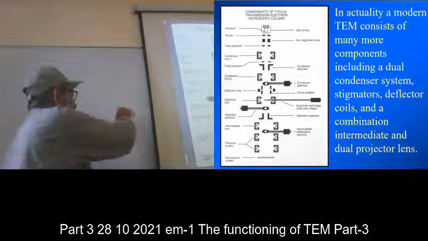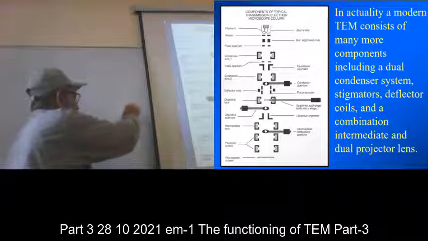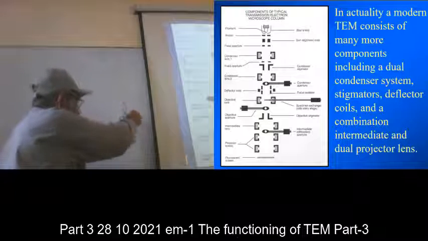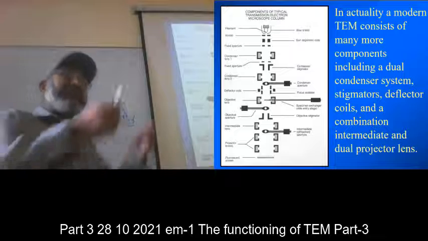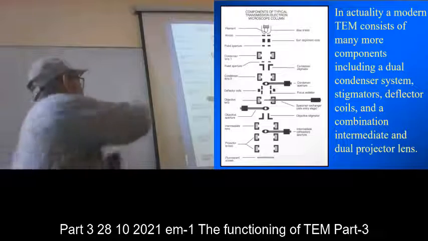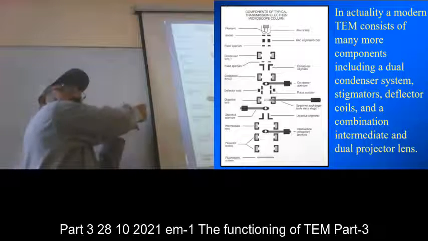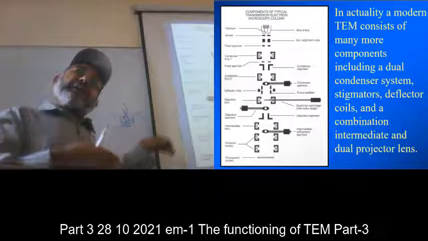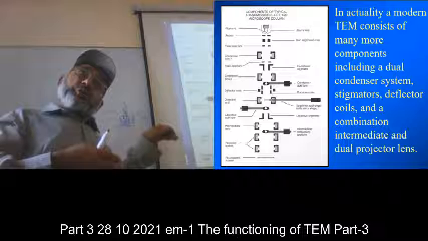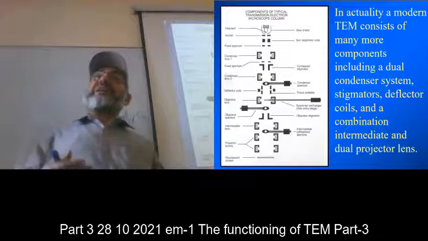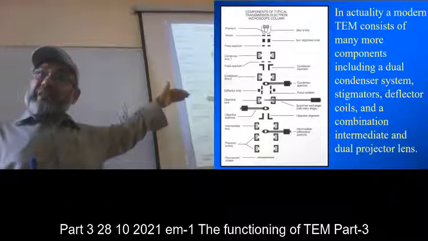If the gun is tilted at the start, this can be aligned by the gun alignment coils here, so that it is perfectly in front of the aperture and passes the electrons perfectly onto the condenser lens.